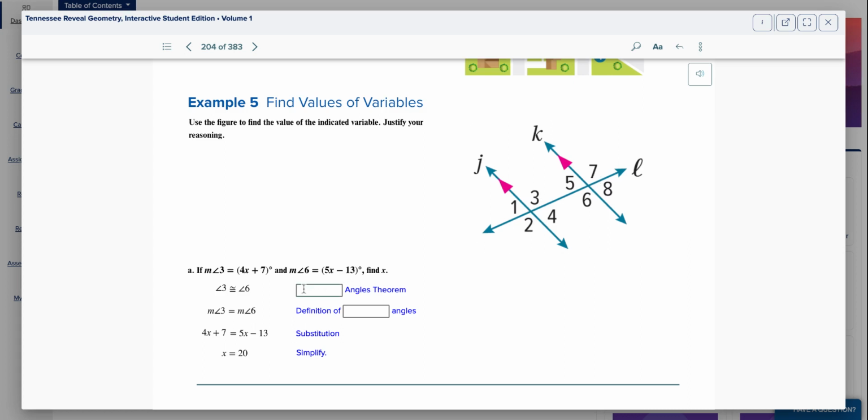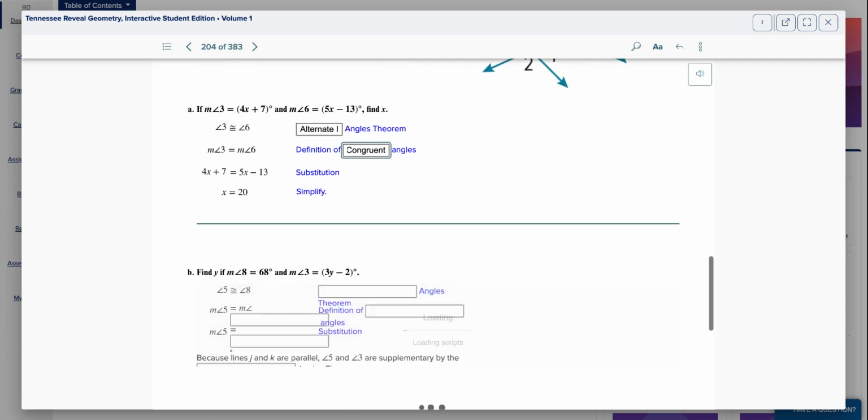They are congruent. So 3 and 6 are between the two J and K lines. That makes them interior. 3 is above the transversal L. 6 is below the transversal L. That makes them alternate. So these are alternate interior. That makes them congruent. We're going to set them equal to each other and solve.